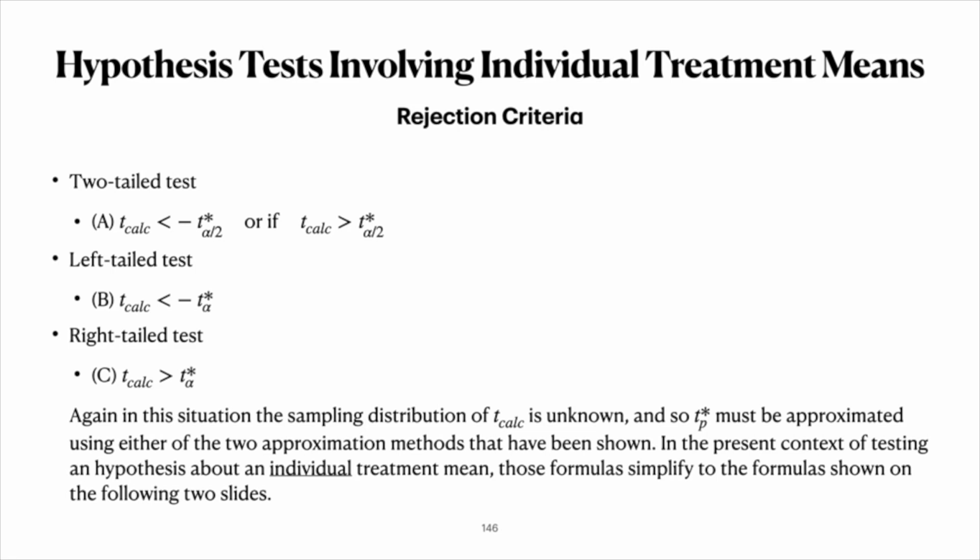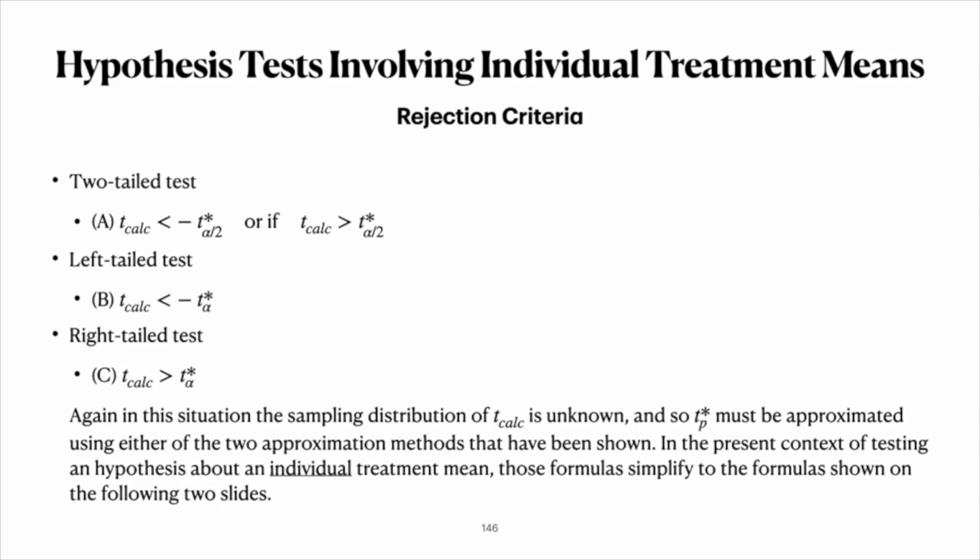Because of that, we don't know the exact degrees of freedom associated with that estimate, and therefore we don't know the exact sampling distribution. We don't know the exact t-distribution. So in the present context of testing a hypothesis about an individual treatment mean, the formulas for approximating the t-value simplify a bit.